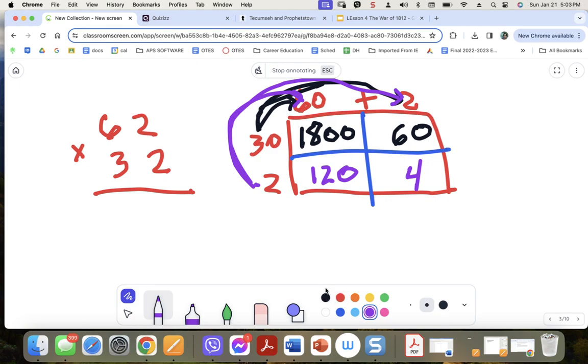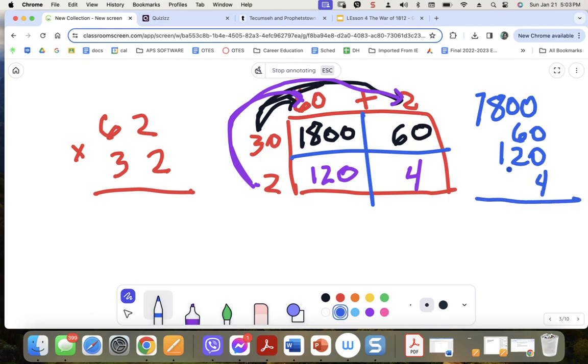The next step is we're going to add all those partial products. That will be 1,800 plus 60 plus 120 and 4. Make sure you are lining them up. If you are not lining them up, you will not be able to get the correct answer.